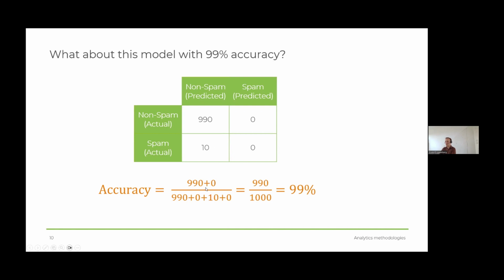So if you calculate the accuracy, you correctly classified 990 out of 1,000, which means 99%.